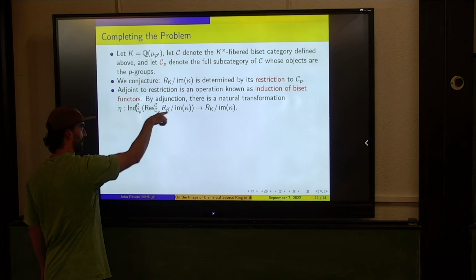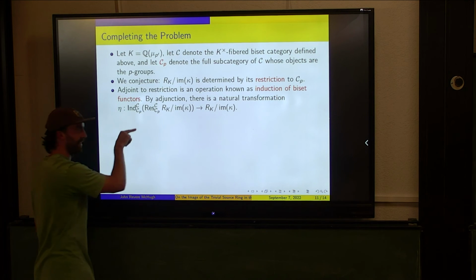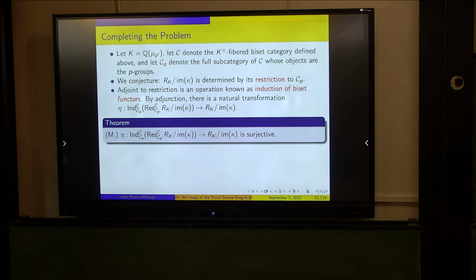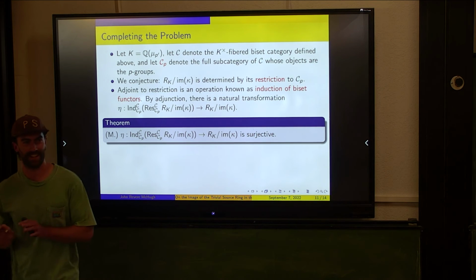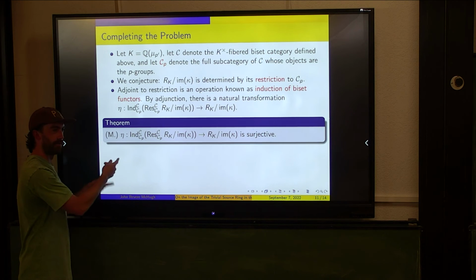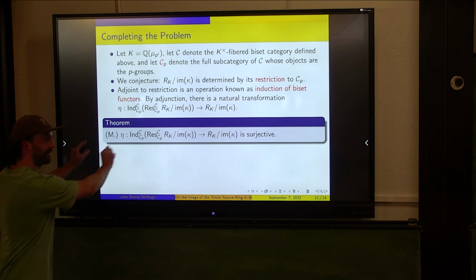If I restrict this thing I'm interested in down to the P group category, induce it back up, there's a natural transformation to the original functor. And the main theorem I was able to prove is that this thing is surjective. Okay, it seems like a lot of abstract nonsense, and it kind of is. But it turns out all of the observations we made in the gap computations fall out of this one compact little theorem.